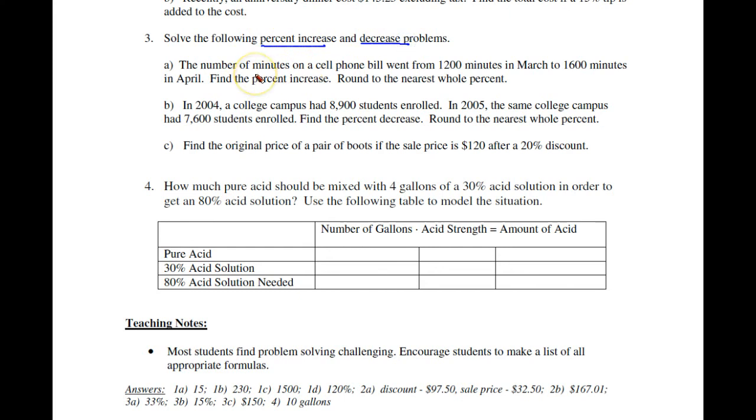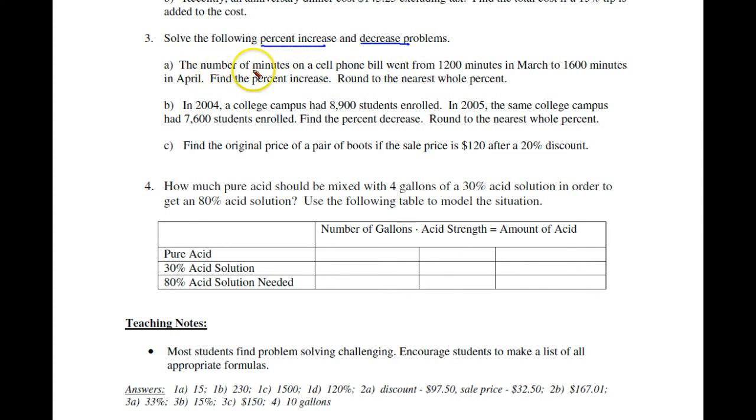Now if you start with something and then later there's more, that's an increase. If you start with something and later it's less, that's a decrease. So the recipe for figuring out both of these kinds of problems are the same, except in some cases it'll be an increase and some it'll be a decrease, depending upon what you're dealing with.